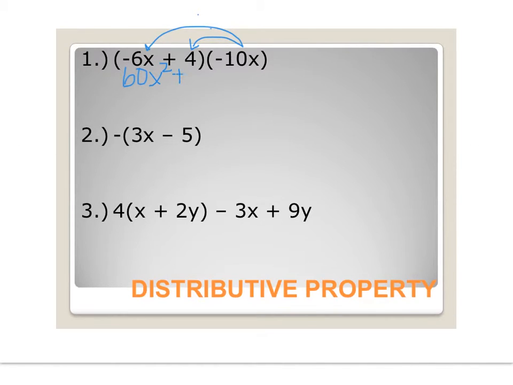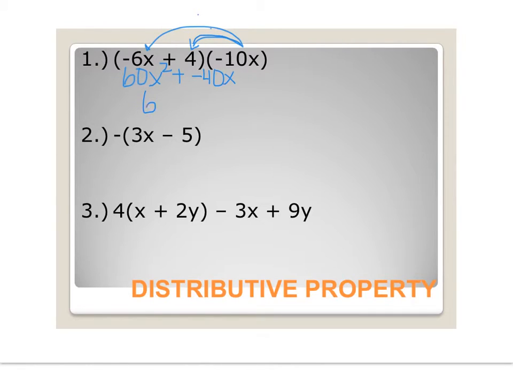Done distributing to that first term, so automatically going to put a plus sign. Distributing to the second part, again multiplying. -10 times 4 is -40, and making sure we get that x. So this answer is perfectly fine.